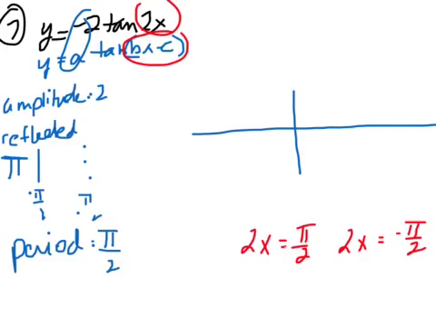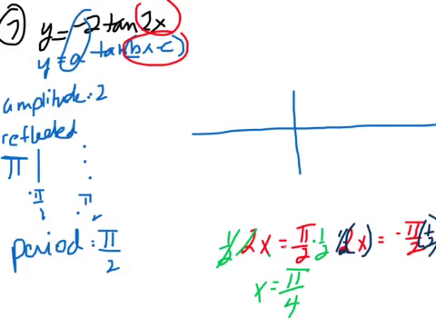If I divide both sides by 2 to solve for x, that's the same thing as multiplying by a half. So that would mean that one of my asymptotes is going to be at pi over 4. If I do the same thing over here, I'll use a different color since that's getting squished together. On the second equation, if I multiply everything by a half, I'll have another asymptote at negative pi over 4.